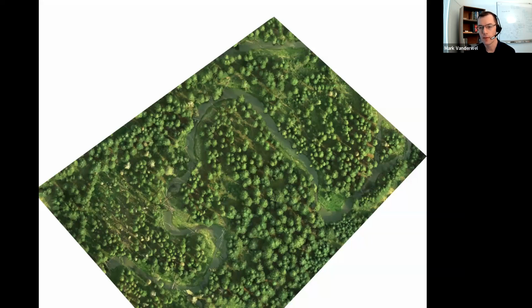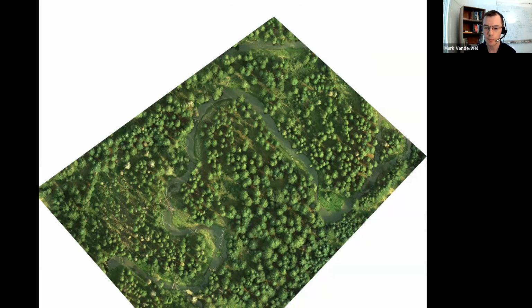And as you can see, it gives a lot of detail into the location of individual tree crowns. You can see many logs that have fallen over. In this case, there's a creek that runs through the center of the site. So we're really getting high resolution, detailed information on the canopy structure of each of these sites. And we're able to look at a series of photos from one year to the next to see how that canopy has changed.